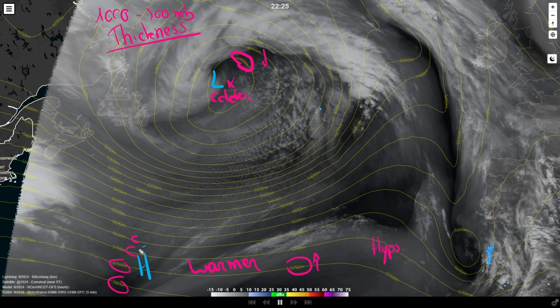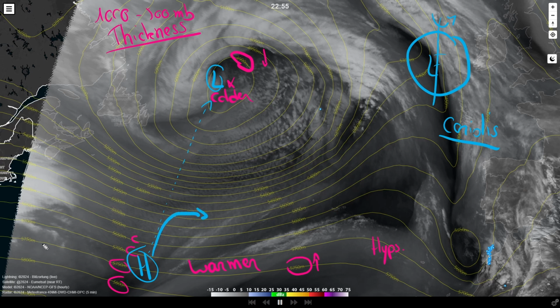Because of this difference between high and low pressure, there's a pressure gradient force trying to move this wind in a straight line from high to low. But we've also identified in the beginning of the video that the Earth is a rotating sphere. This wind going from warmer to colder in the northern hemisphere, because of the Coriolis force that acts on it, starts to be deflected to the right.